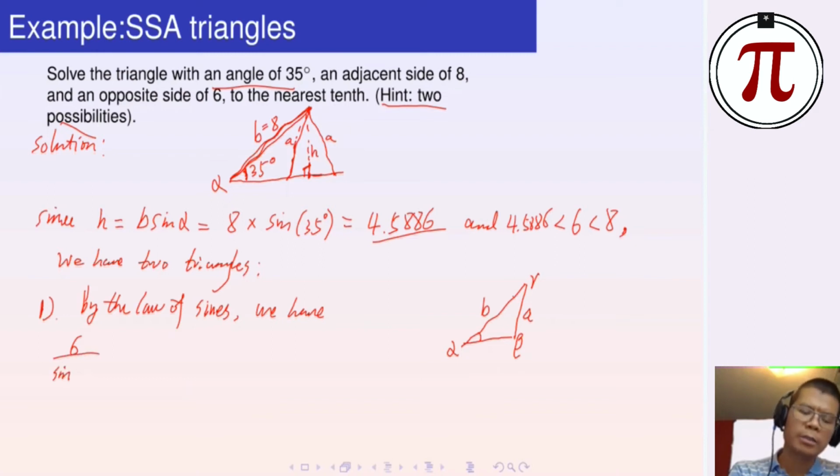Alpha is 35 degrees. This is going to equal B. B is 8. So 8 over sine beta.